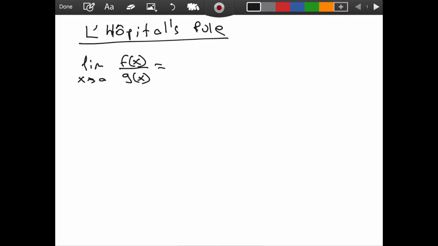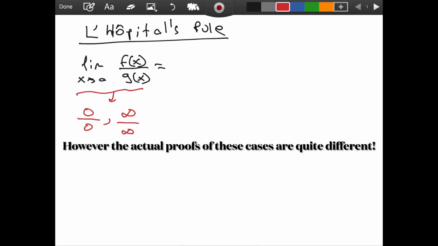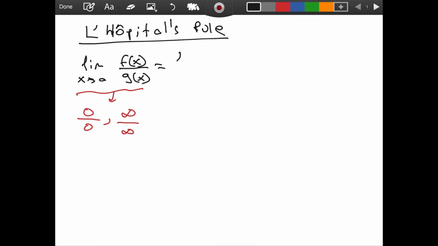If this is one of our indeterminate forms, so namely, if this is 0 over 0 or if this is infinity over infinity, these are very similar cases as you will appreciate, I think, then this is equal to the limit as x approaches a of f prime of x divided by g prime of x.